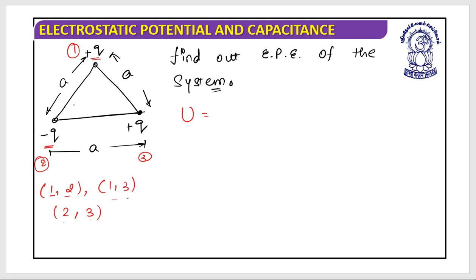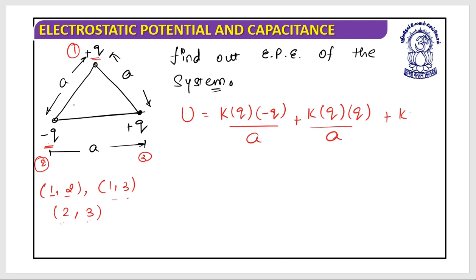So let's begin. For 1 comma 2, that means k multiplied by q multiplied by minus q divided by their separation, which is a. Next, 1 comma 3, it's k multiplied by q multiplied by q divided by the separation between them, which is a. Then 2 comma 3, it's k into minus q into q divided by a.